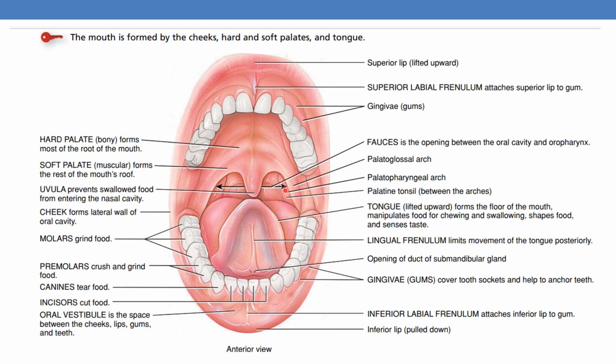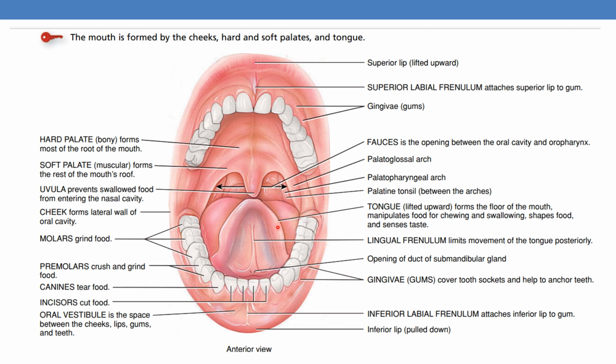And here you can also see fauces is the opening between the oral cavity and the oropharynx. And this part is the palatoglossal arch and this part is the palatopharyngeal arch. And here are the palatine tonsils between the arches.